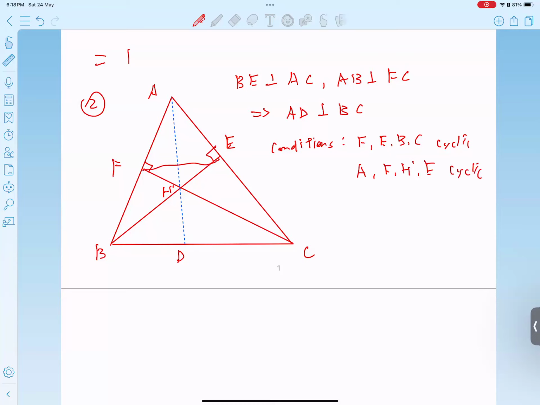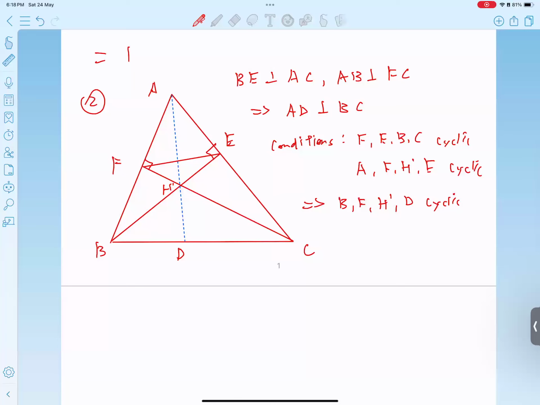So let's connect this line. We basically just have to prove that B, F, H', D is cyclic, because this will show that H'DC is 90 degrees, which is what we want. Right. Cool.